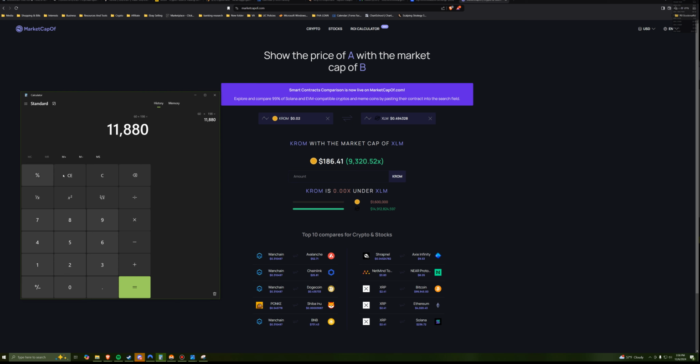Go back to that scenario of $20, right? So $20 you bought right now at 2 cents, you're gonna have 1,000 tokens, times 186. Your $20 could potentially be worth $186,000.